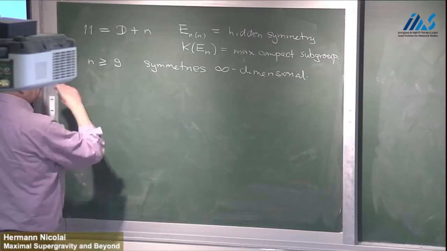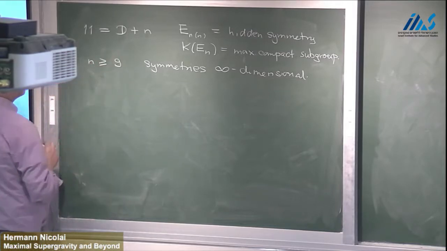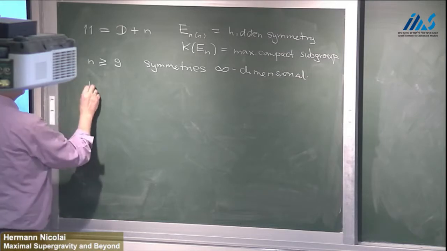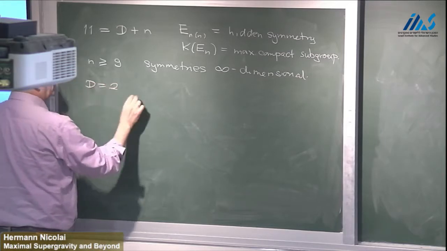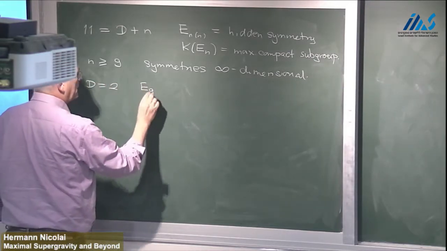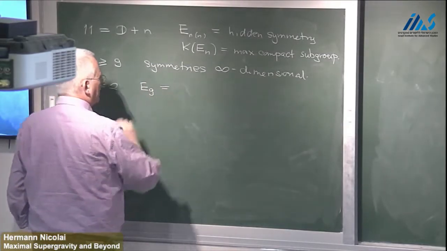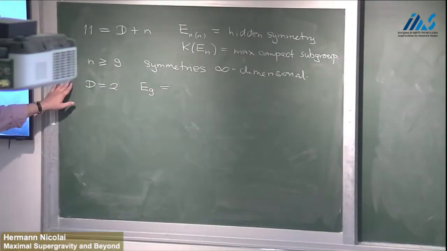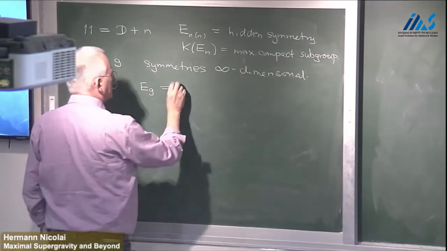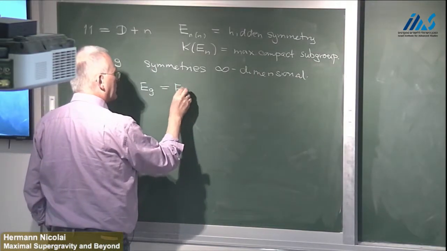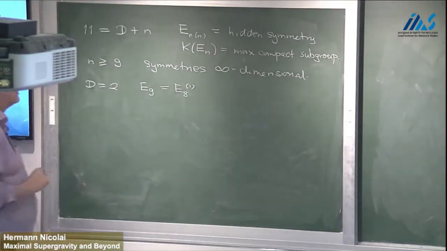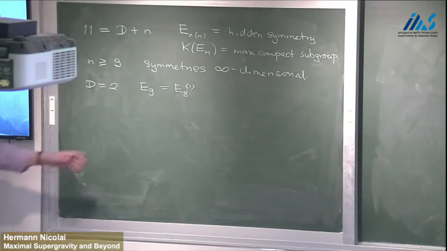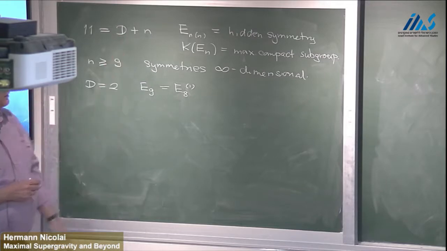Now, as I go down, the first case is d equals 2, in which case you get something called E9. This is still fairly well understood, and I will not say very much about it, because this is what's called the affine extension or loop group extension, with a central charge, of the symmetry which appears in 3 dimensions.